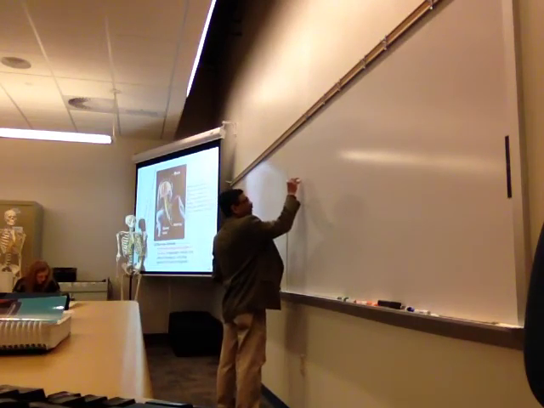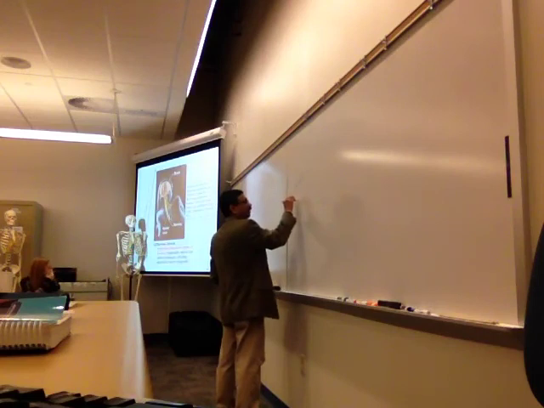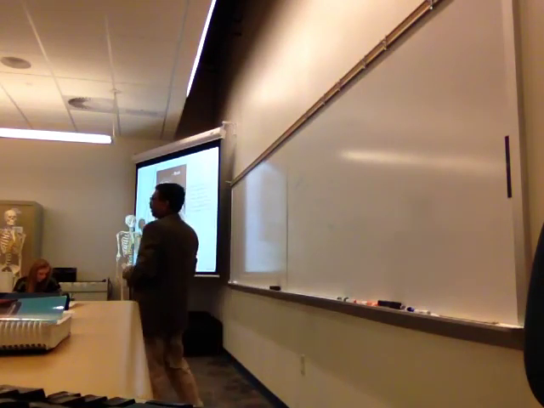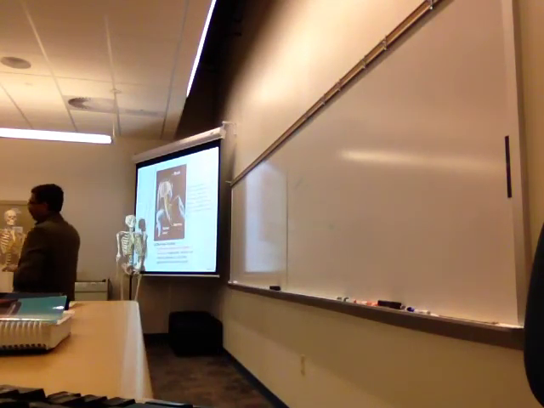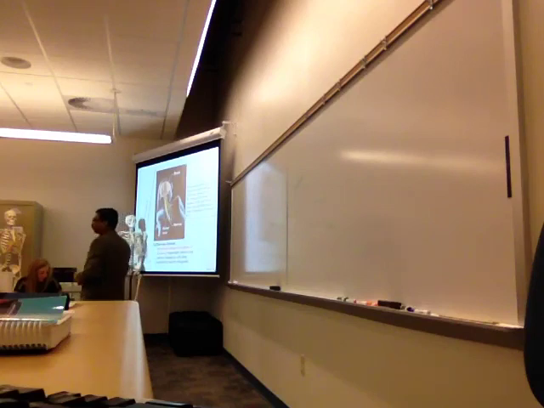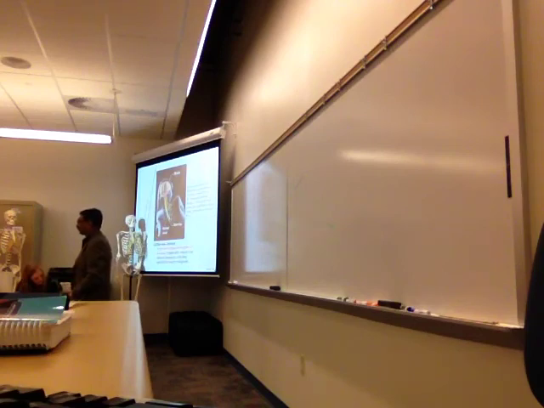The nervous system and the endocrine system, okay, those 2 systems. And they control the other systems of the body. And among those 2 controlling systems, the nervous system is more powerful. Okay, nervous system is more powerful.